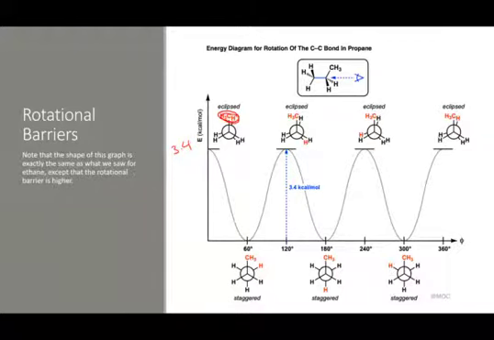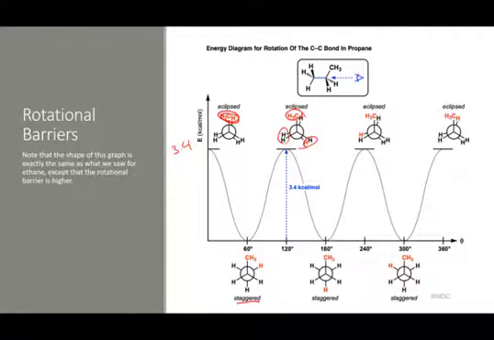And as soon as you move by 60 degrees into a staggered position, this drops down to 0. It goes up as you move again, because now yet again, a methyl and a hydrogen are eclipsing, and our other hydrogens are eclipsing as well.